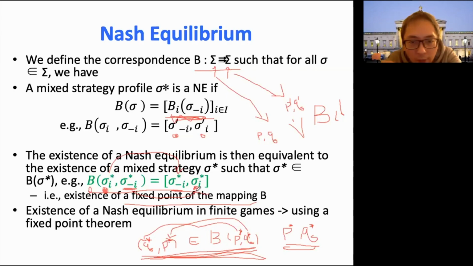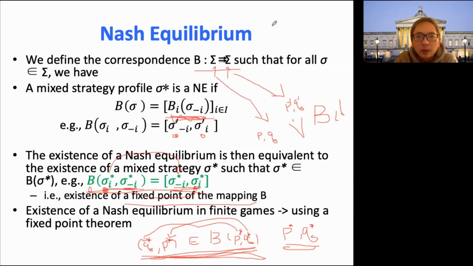If this correspondence has a fixed point, in other words, the input is the same as the output, then we call that a fixed point of this correspondence. And therefore, by definition of Nash equilibrium, and because it's my best response to you and your best response to me, this fixed point is a Nash equilibrium.